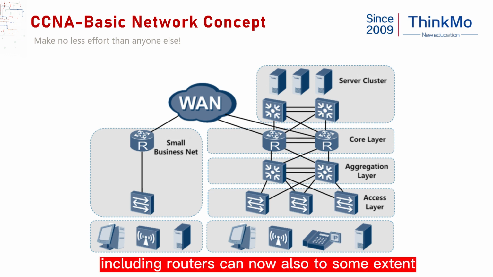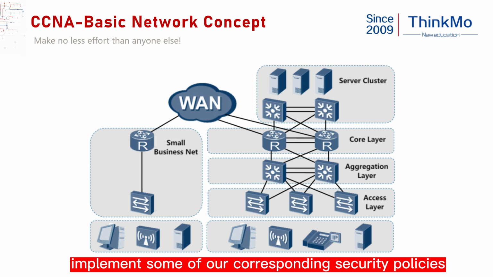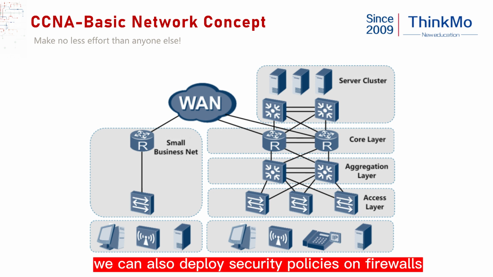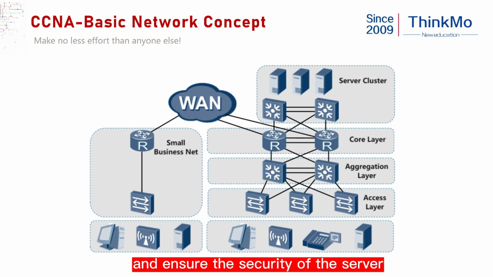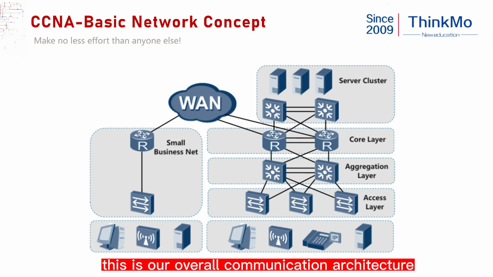Routers can also, to some extent, implement some of our corresponding security policies. It's all okay. We can also deploy security policies on firewalls. Externally we can also provide relative access service and ensure the security of the server. It's all doable. This is our overall communication architecture.